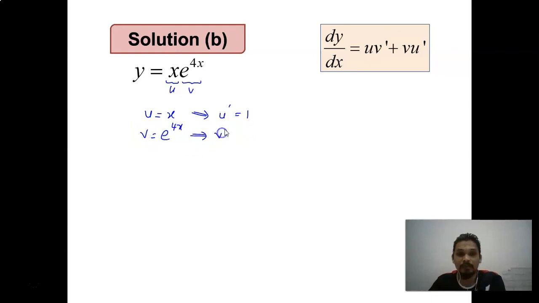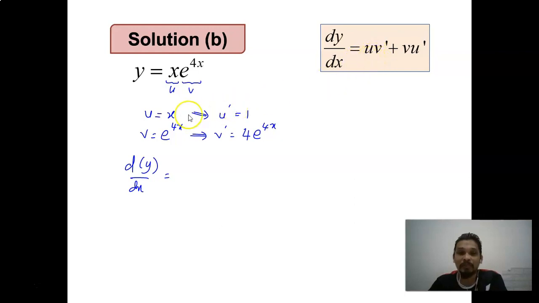So then v prime, differentiating 4x, comes out as 4e to the power of 4x. So now differentiate y with respect to x. Let's take a look at this one now: u v prime plus v u prime.